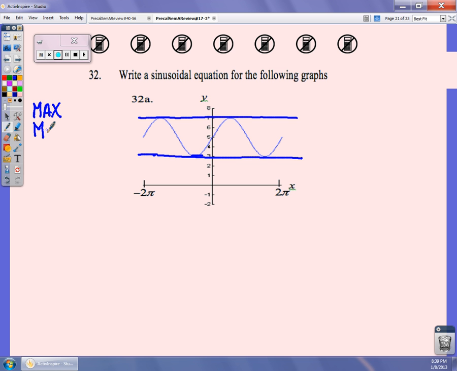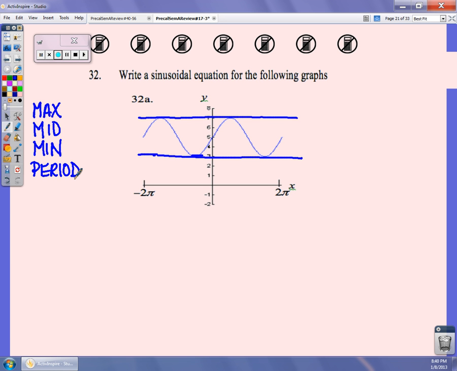And let's start to collect some of that information here. I like to look at the max, the midline, the minimum, and the period. This is all the information that we can decipher from the graph itself.